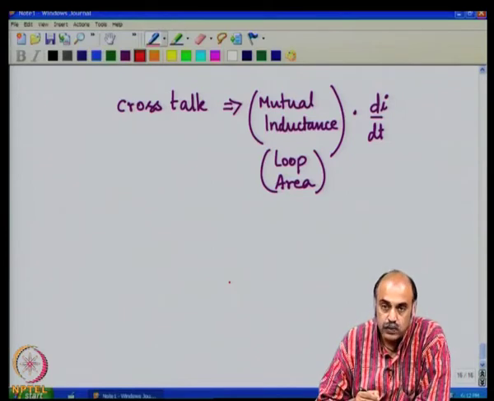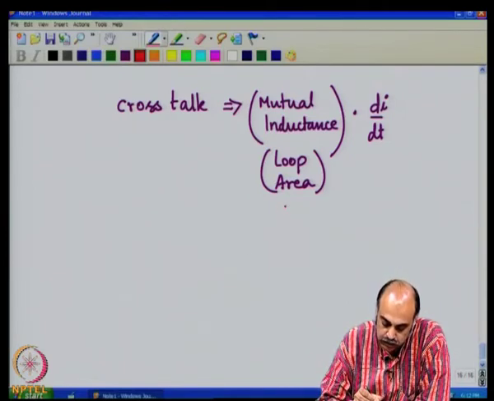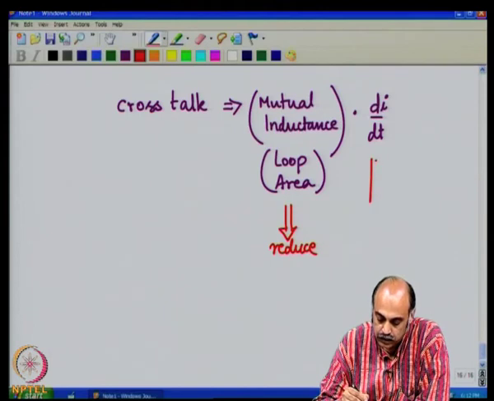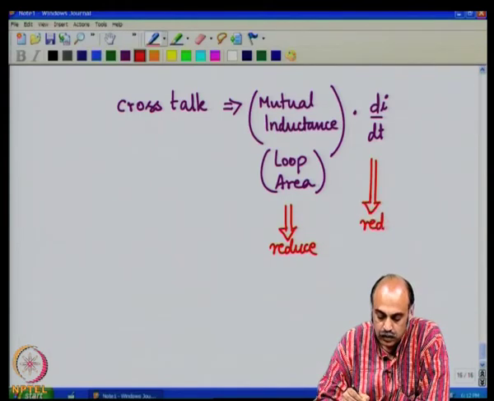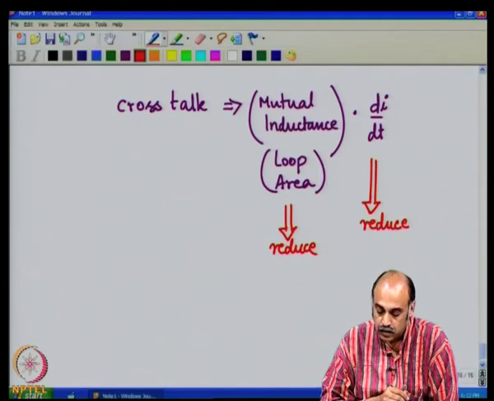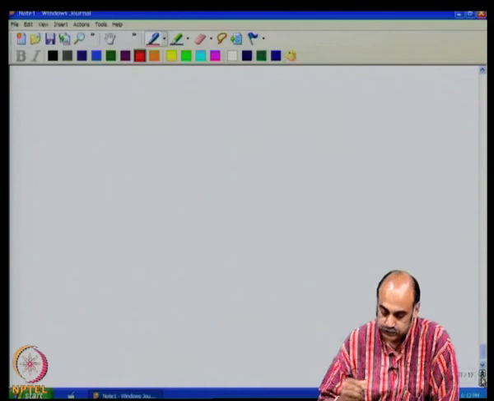So, how do you reduce crosstalk? Two possibilities: you can reduce this, or you can reduce this. So, let us see.